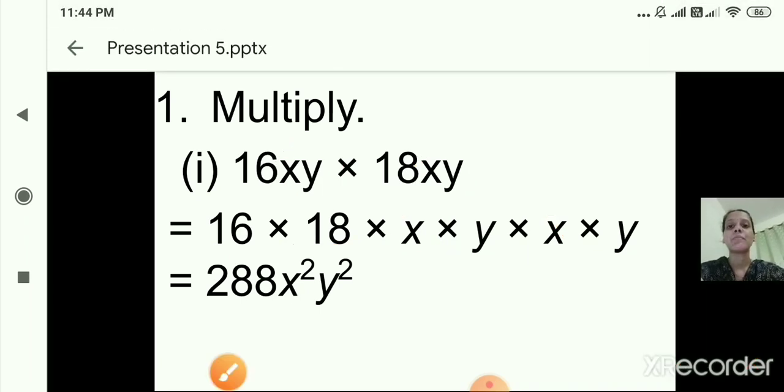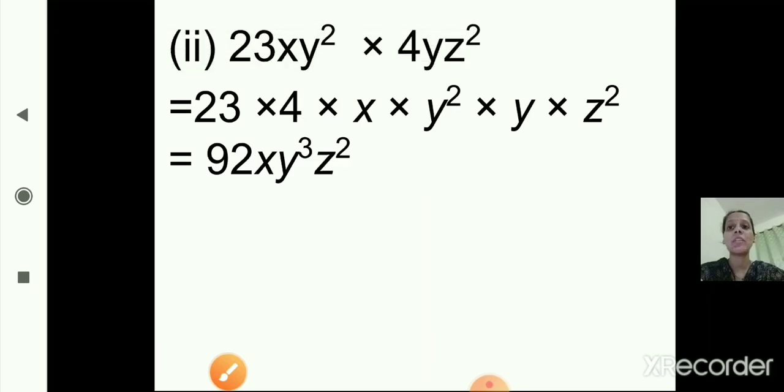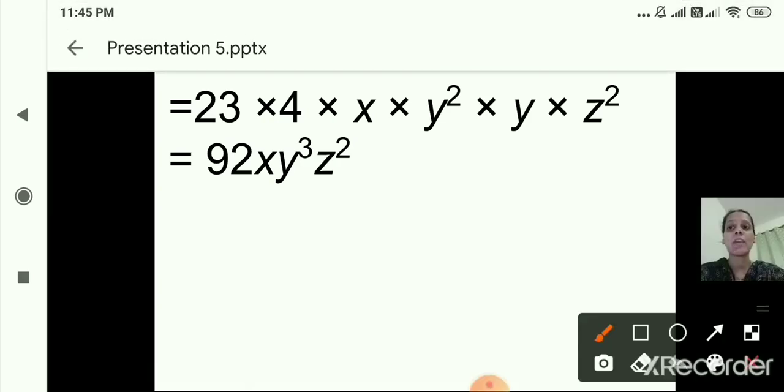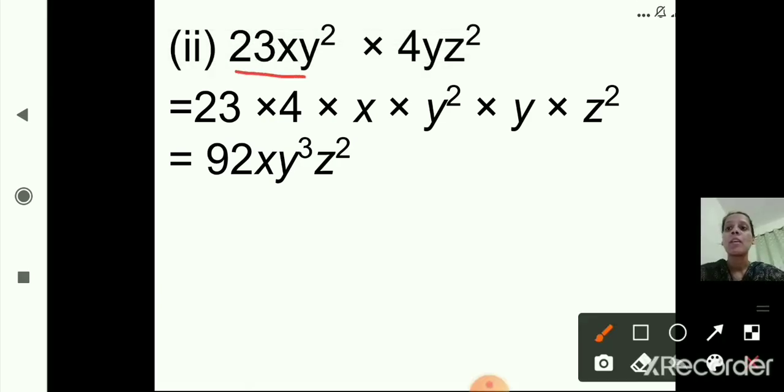Now we'll start with the second sum, 23xy square multiplied by 4yz square. Here also we are multiplying a monomial by a monomial, as both the algebraic expressions have only a single term. So what is the first step? First we will multiply the coefficients.